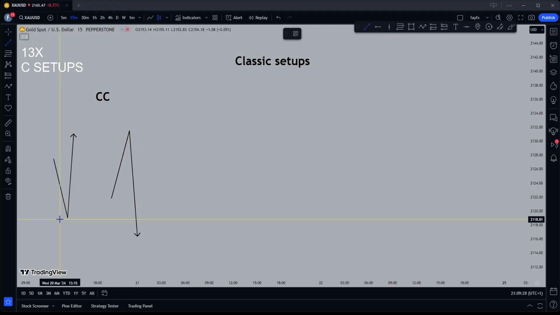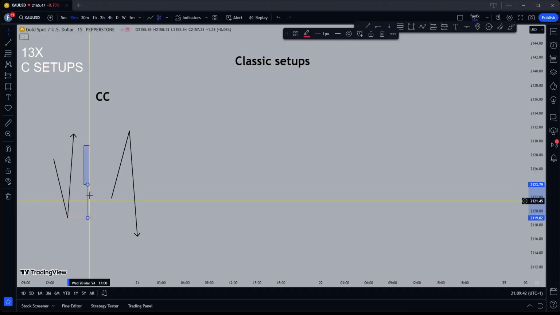What we did say about the V level: for a V level, CC should be bullish. This is our CC.